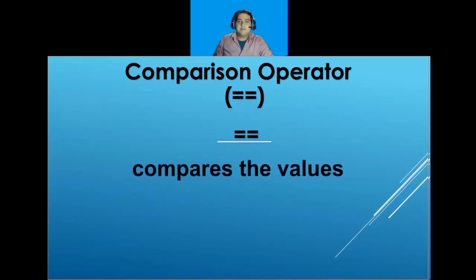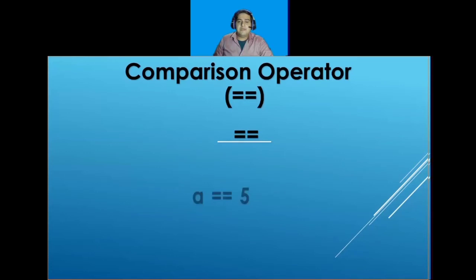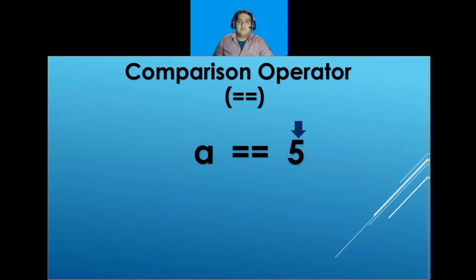For example, here I have a is equal to 5. This value 5 is going to be compared with whatever the value stored in this variable a.